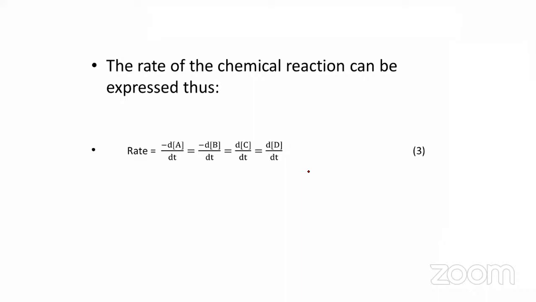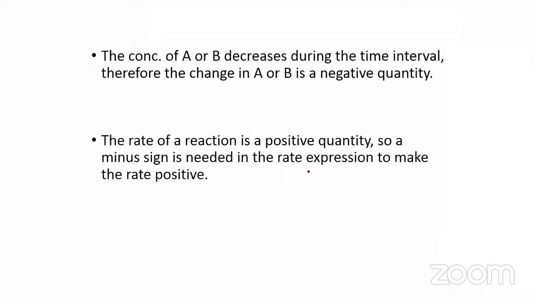When it is not 1 mole, what do we do? Look at that. I've just explained that the concentration of A or B decreases during the time interval. That is why I entered a negative sign in front of the A over T, the B over T. The significance of that is that the concentration is decreasing with time.